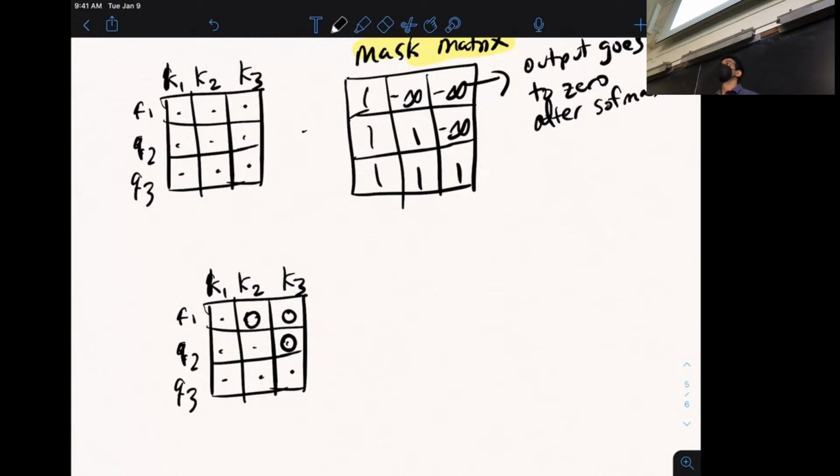And, last thing, I can only do this during training. I can't do this at test time if I'm predicting the next word. Why is that? So I can only compute all of these z's in parallel at training time, but not test time.